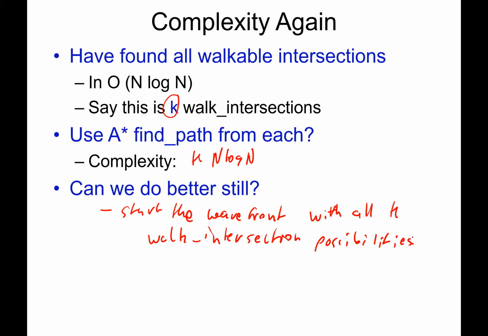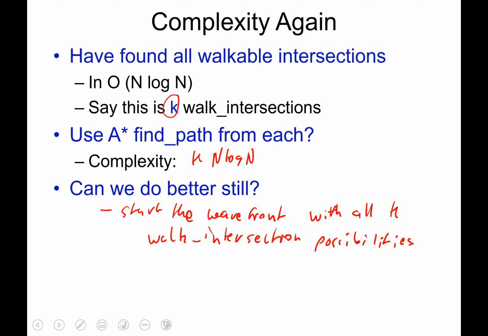So it's no longer just one intersection. I'm going to start the wavefront off with a whole bunch of intersections, all the ones that I could walk to in the walking time limit. What should I use as their travel time? Again, I'm trying to find the minimum driving time. So what should I put them into when I'm trying to find the driving path, and it could start at any one of those walk intersection possibilities, what should I put them into the wavefront with?